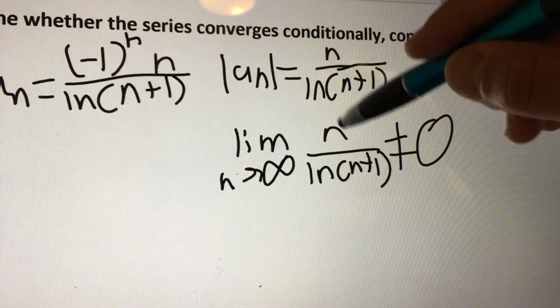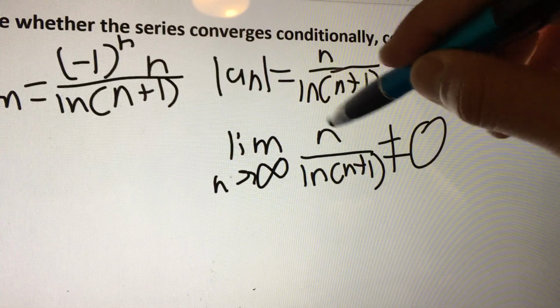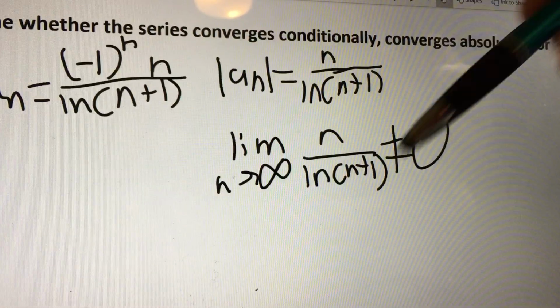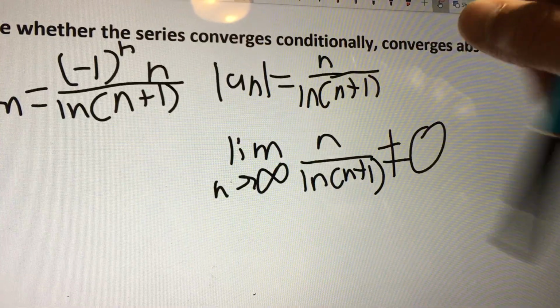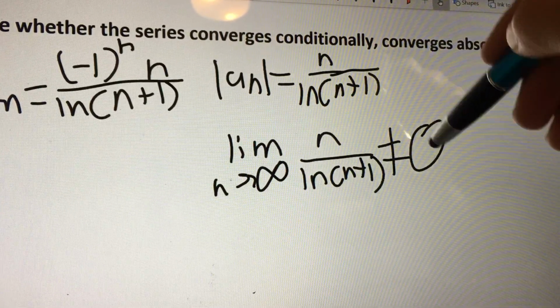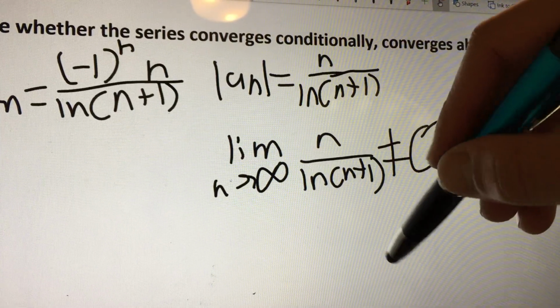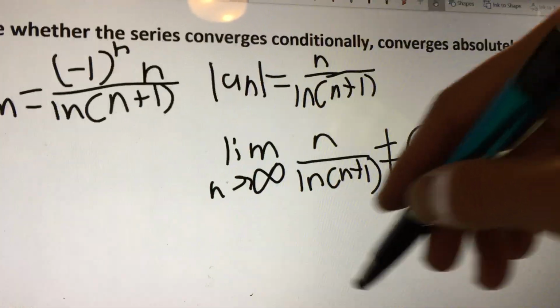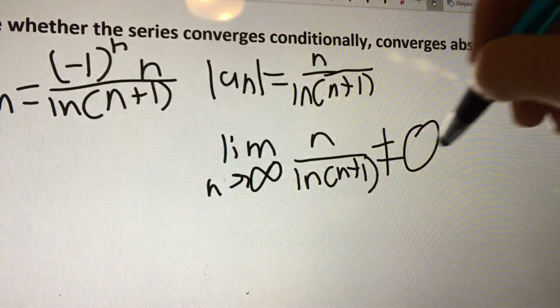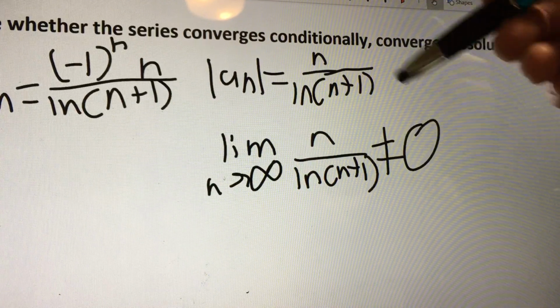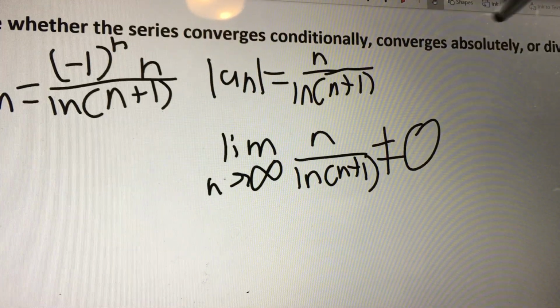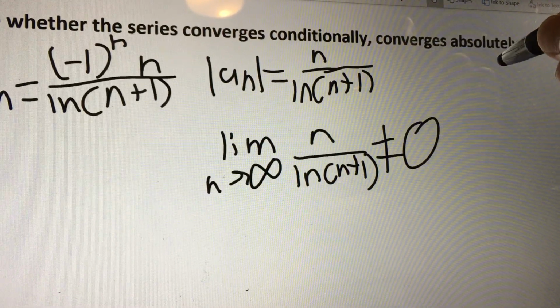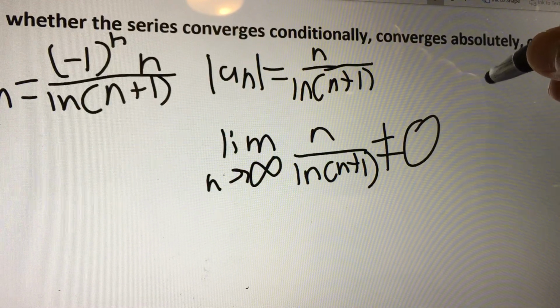So the bigger this gets, this is going to end up being bigger than this, just because ln is really slow. So if we take the limit of that, we know it does not equal 0. Right? So we can determine that this diverges by the divergence test.